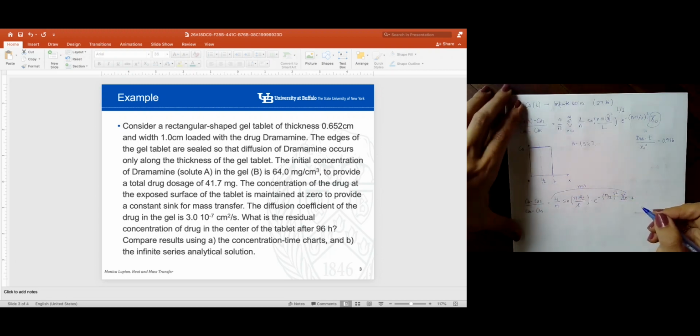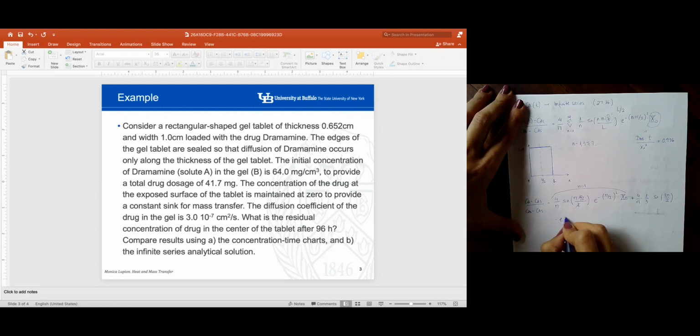When n is equal to 3, we have 4 over pi times 1 over 3 sin 3 pi over 2 times e to the minus 3 pi over 2 raised to 2 times xd. And this will be for the case when n is equal to 3. And then we can continue as long as we like. The more terms that we add, the more accurate we will be in the solution.